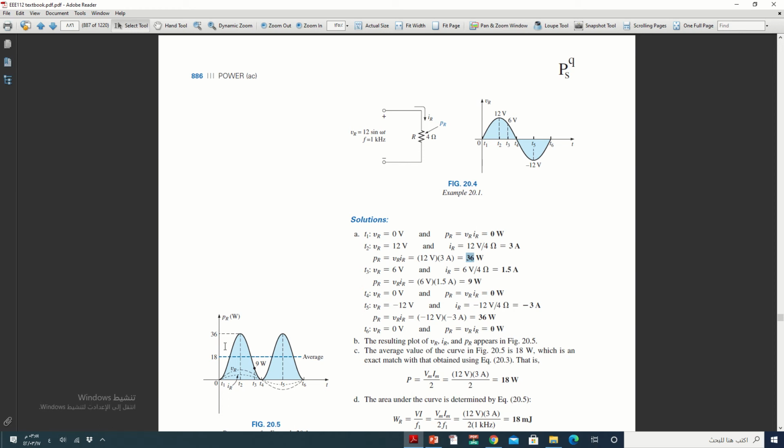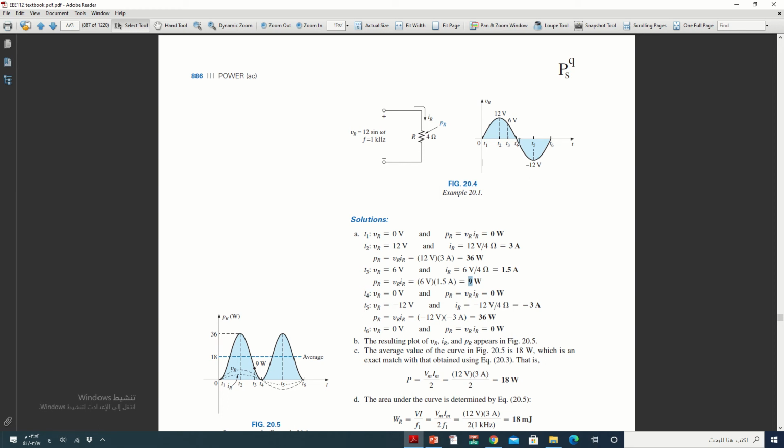When we draw the power curve, it will be 36, the peak. During t3, the voltage is 6 here. We can find 6 divided by 4, which is 1.5 amperes. Now 6 times 1.5 becomes 9 watts.